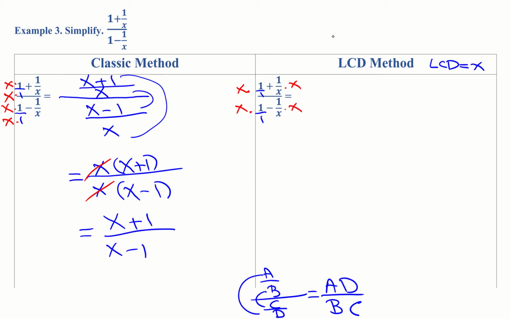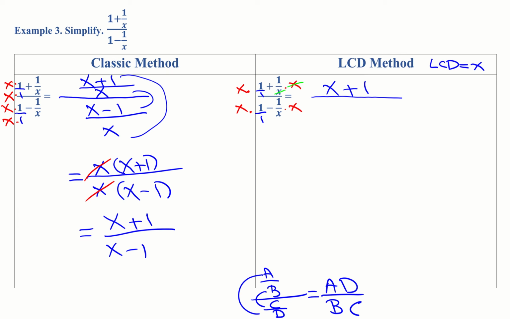So now watch how simple this becomes. So we end up with x times 1, which is just x, plus, notice that here, when we have 1 over x times x, that x is on the top. So that cancels this x. So the two x's here cancel out. So we just end up with 1.